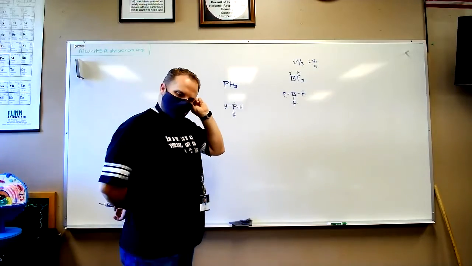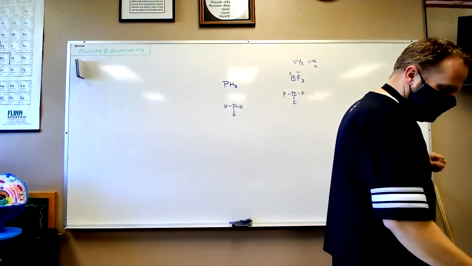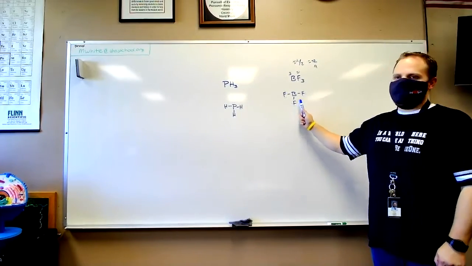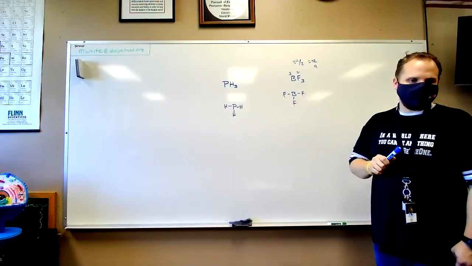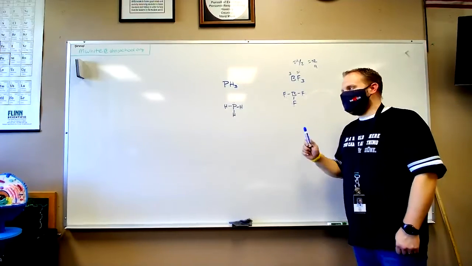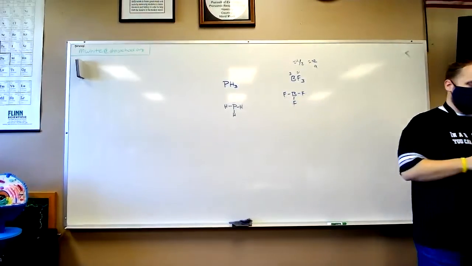Now I do want to point out, if you look at that chart, you will not see anything that says 9 lone pair. And the reason for that is we only care about what is next to the central atom.